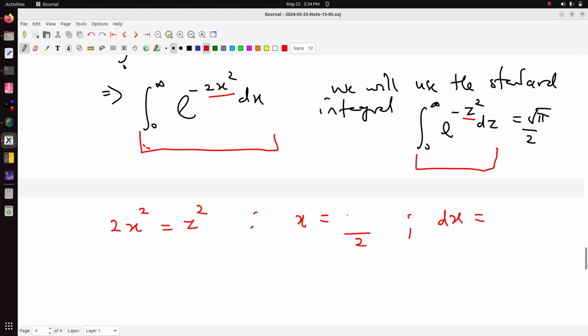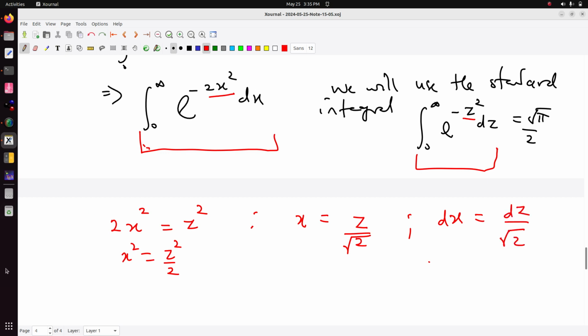If 2x squared equals z squared, then x squared will be z squared over 2. Then x will be the square root of z squared, which is z, over square root of 2. So x is z over square root of 2, and dx will be dz over square root of 2.